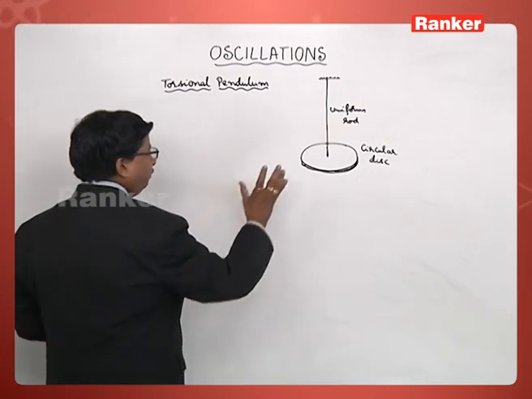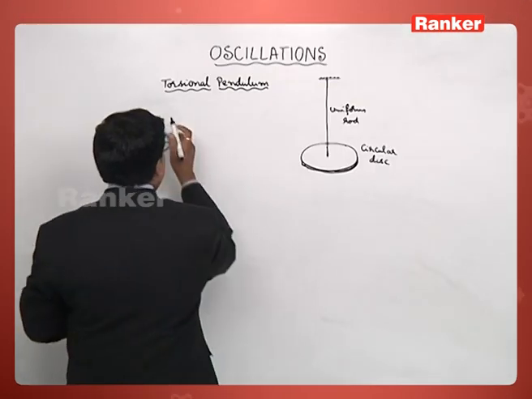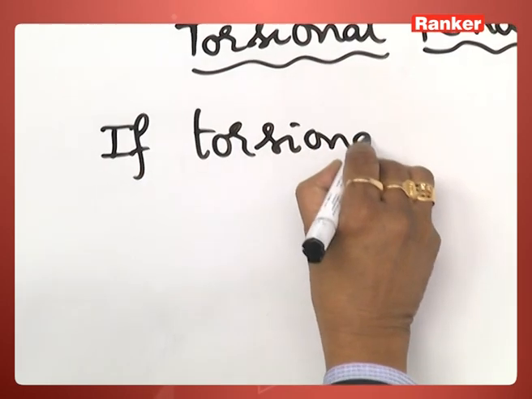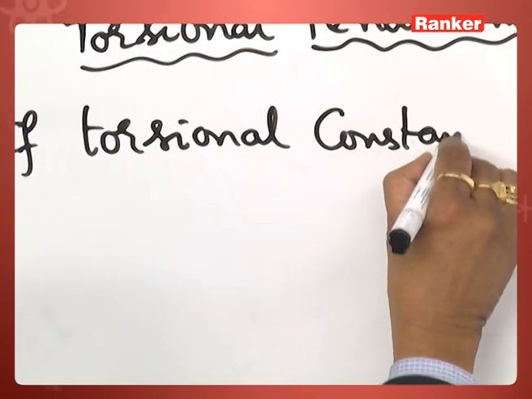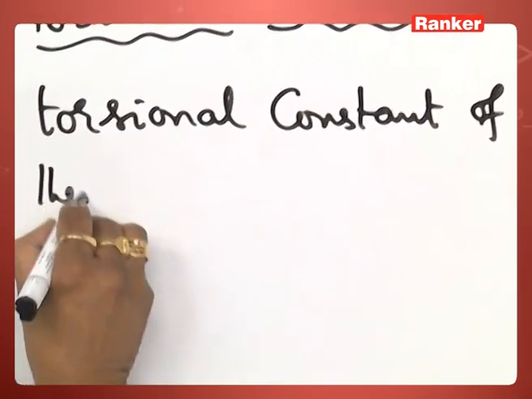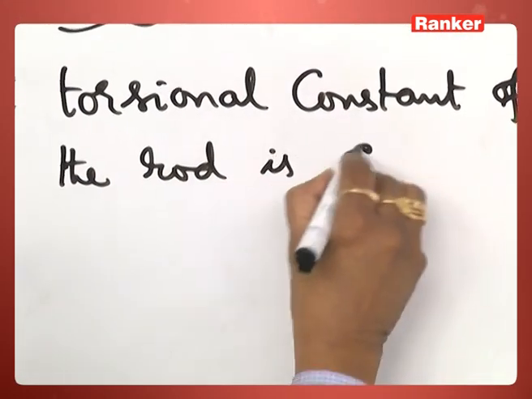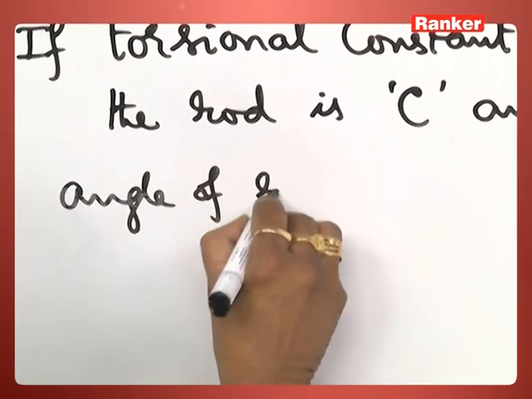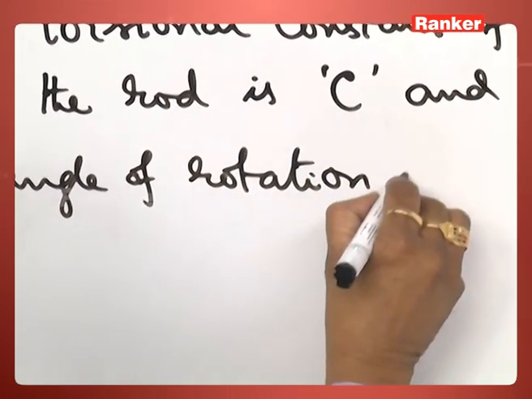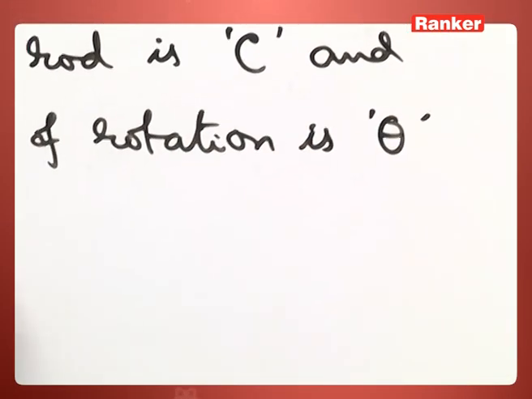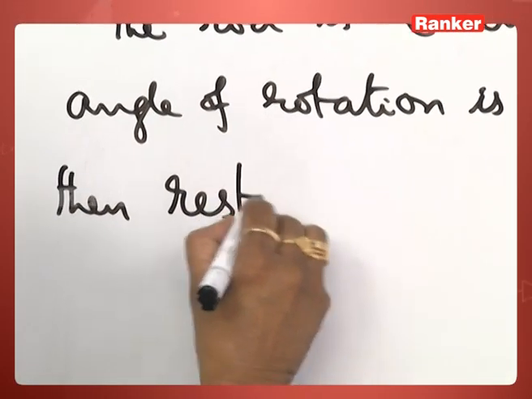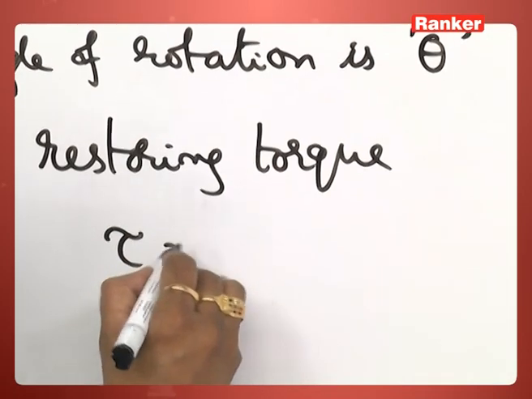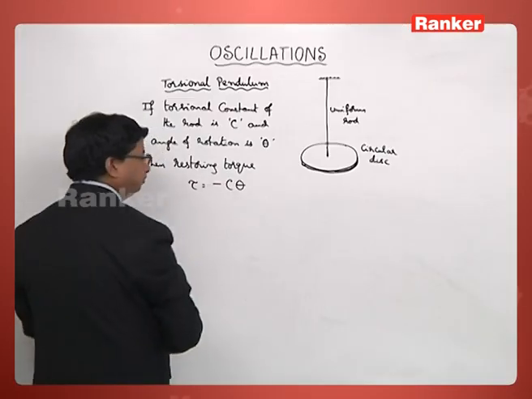So, for that, when it is just rotating and leaving like that, if I consider the torsional constant of the rod is C and the angle of rotation is theta, then we directly can write the restoring torque tau now becomes minus C theta.